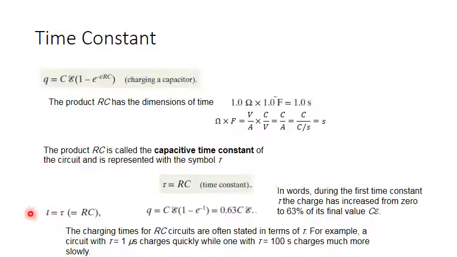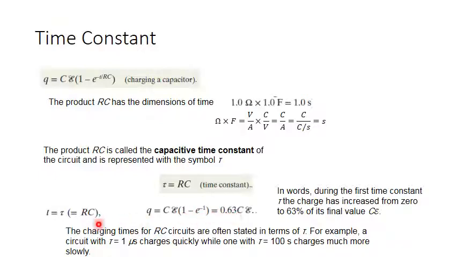When the time t equals 1 tau, the value of the charge Q would equal C multiplied by E multiplied by 1 minus e to the power minus t over tau, and we assume that t equals tau, so it is minus 1. 1 minus e to the power minus 1 is 0.63.